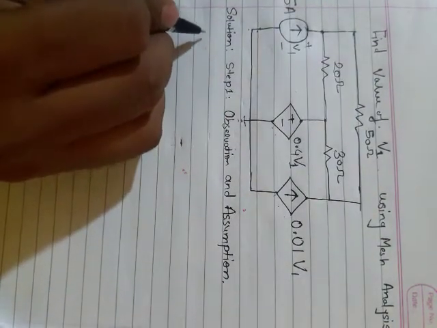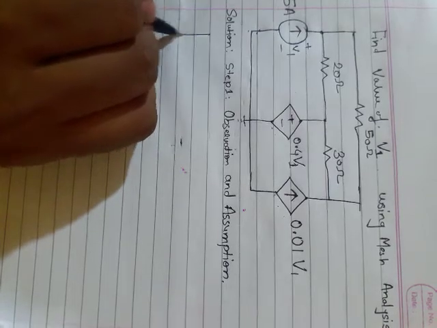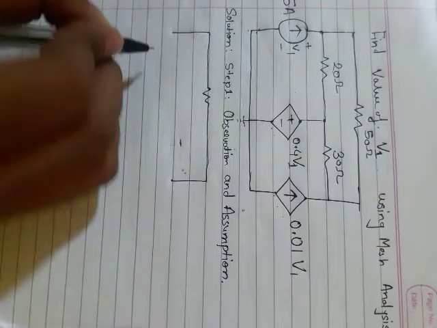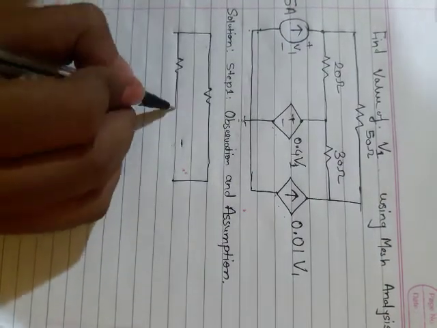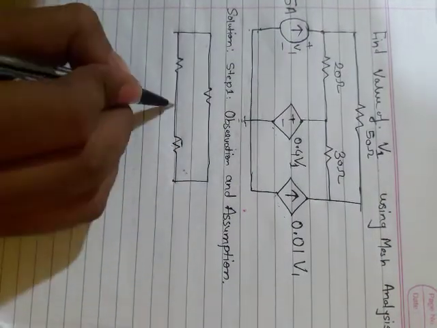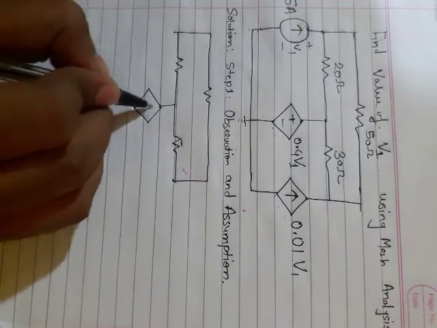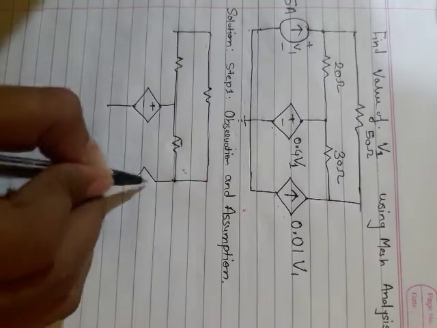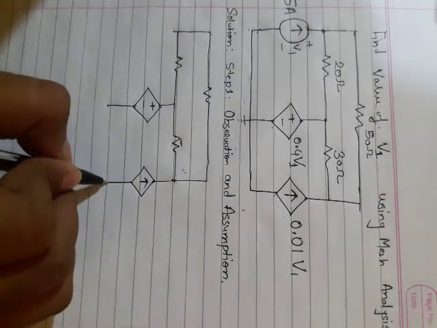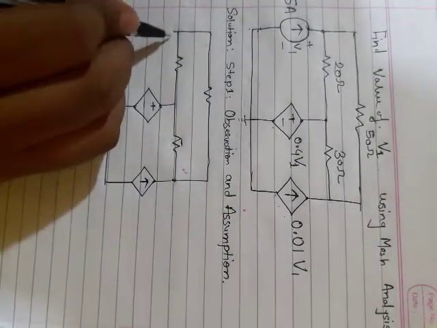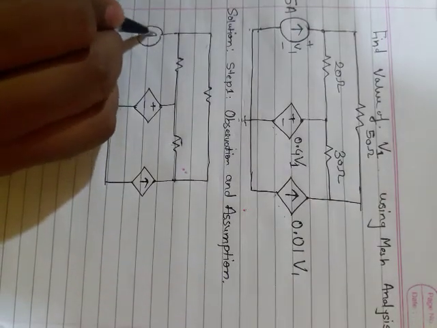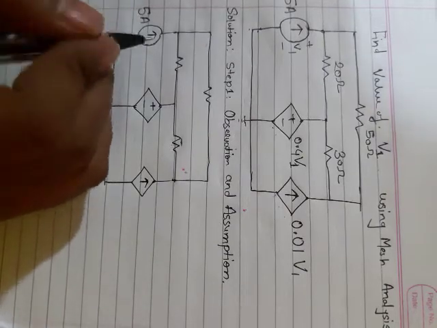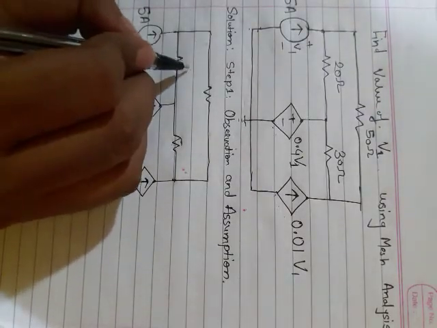So first we'll redraw this circuit. This 5 ampere is an independent source.